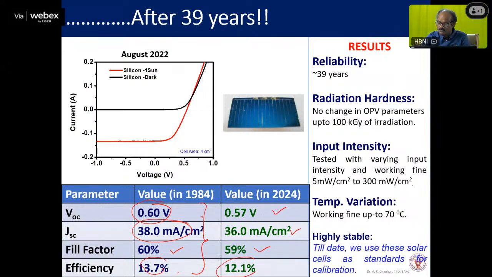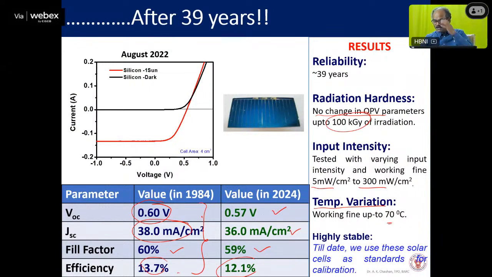We did some more experiments, where we subjected the solar cells to radiation. I'm talking about gamma radiation, and there was no change in the parameters even up to 100 kilogray of irradiation. That means these are very radiation hard solar cells, and the intensity was also varied from 5 milliwatt to 100 milliwatt, and temperature was varied up to 70 degrees centigrade.